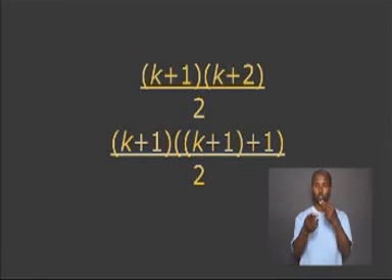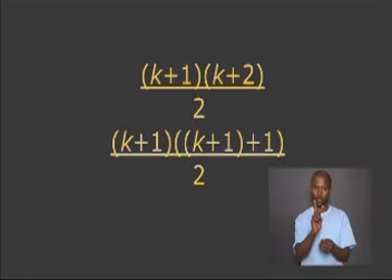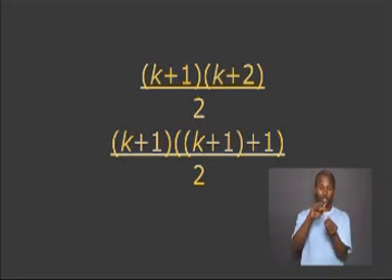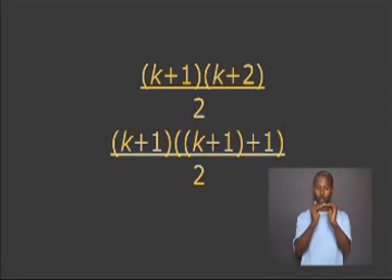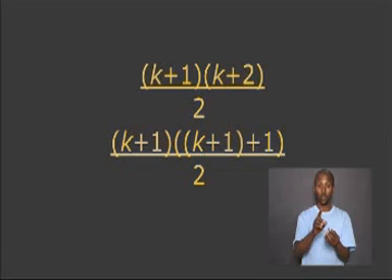This is equal to the product of k plus 1 and k plus 2 divided by 2. This in turn is equal to the product of k plus 1 and k plus 1 plus 1 divided by 2.